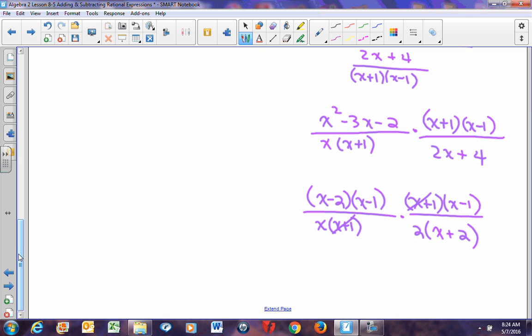Now you're looking at going, holy cow, I have to multiply all this together? Yes. Remembering that this multiplied through that, I have x minus 2 times x minus 1 all over x times 2 times x plus 2.